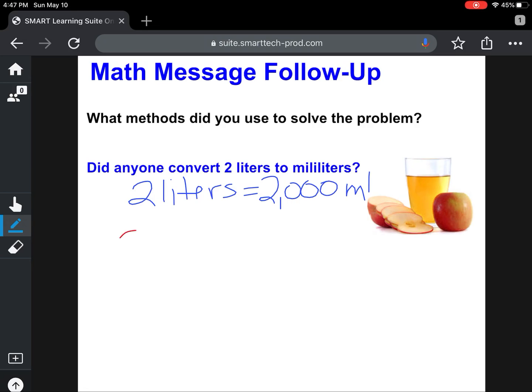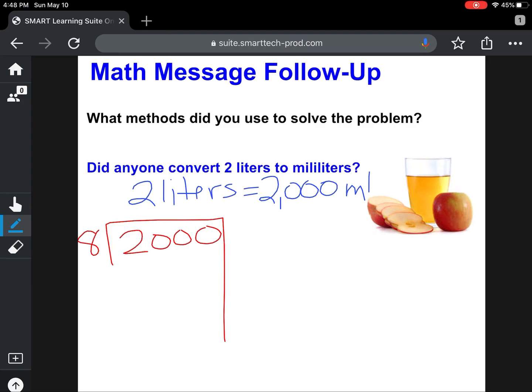So hopefully your second step was to take that 2,000 milliliters and divide it by 8, because she had 8 glasses. And then that would tell us how many milliliters of juice would go into each glass.